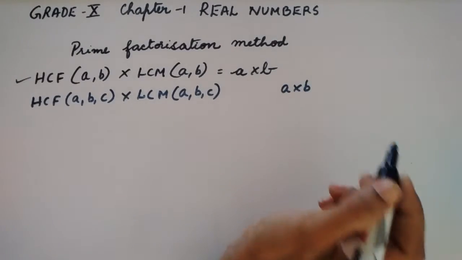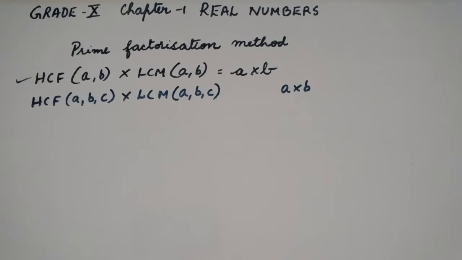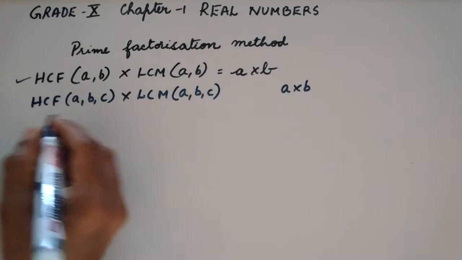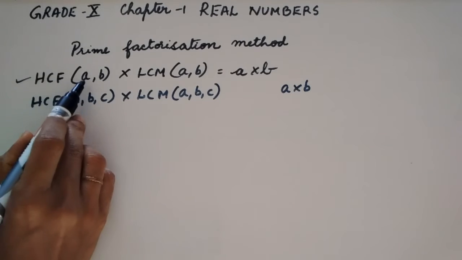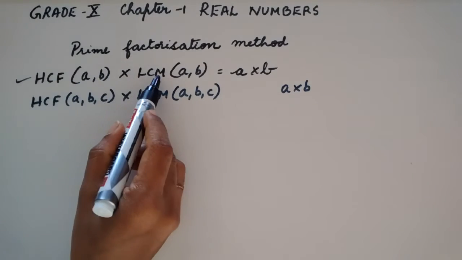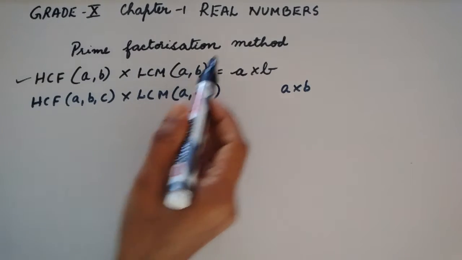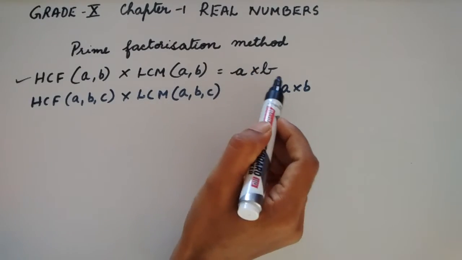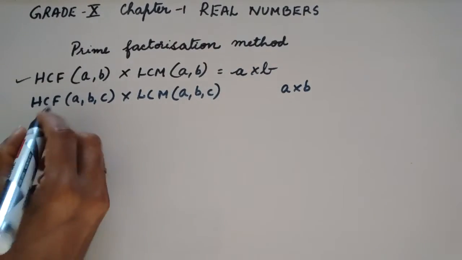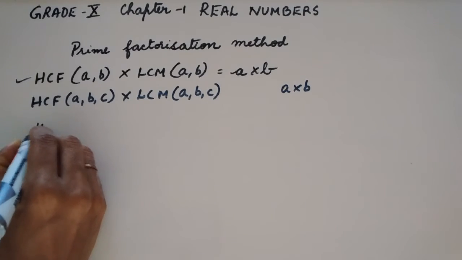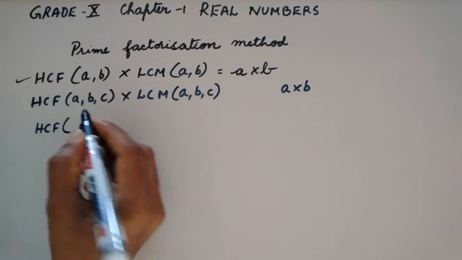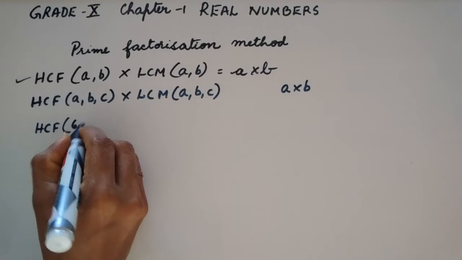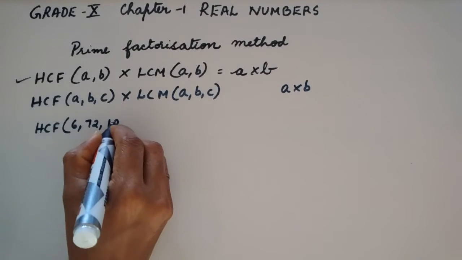Okay, so just let us verify this. Now we know that HCF of two positive integers into LCM of two positive integers will be equal to the product of those two integers. Now let us verify this one. Now let us take the three integers, that is 6, 72 and 120.